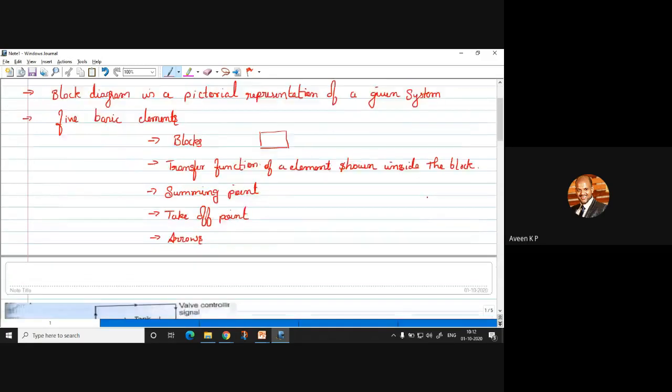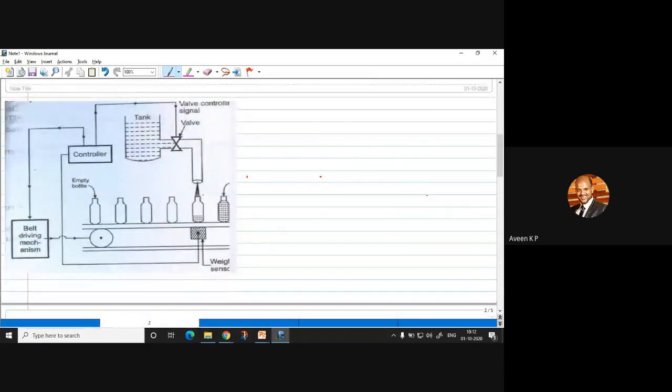So here, this is the system I will consider. You can give it the title automatic bottle filling control system.